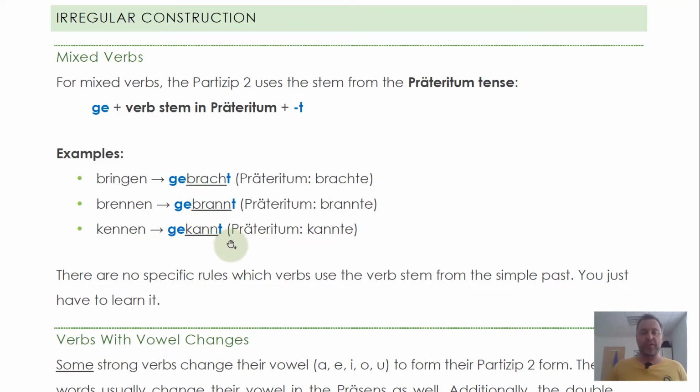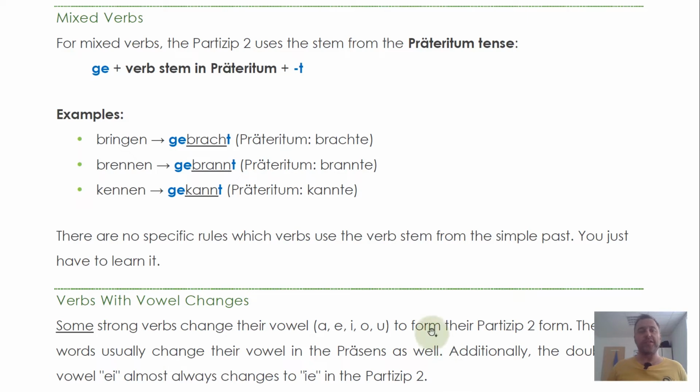So if you listen to this quite often, you can be quite sure that this is the same in the perfect tense. It's something you simply have to know, but it looks more difficult than it actually is because you use perfect tense, where you need this Partizip 2, all the time in German. So this will become quite natural quite quickly.